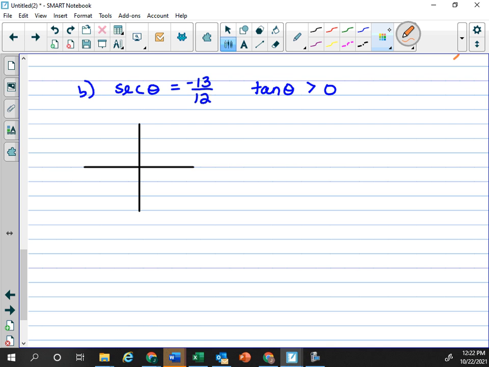Okay, when I give you a secant or a cosecant problem, if you would rather think of it as a cosine or a sine problem, you can do that. So I know eventually I'm going to have to find sine of theta, cosine of theta. Like these are the things I have to find.